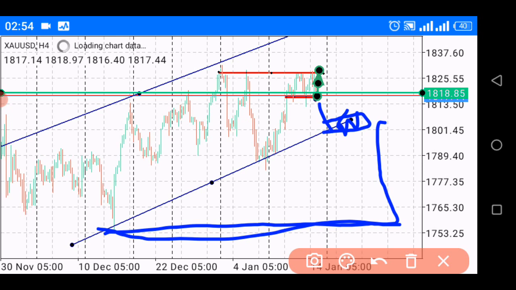I read a book, and the author said we take a trade based on the pattern we see, and we exit a trade based on the pattern we see.